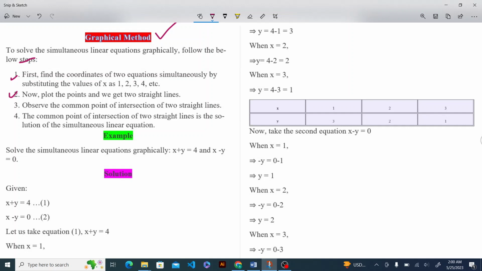As you all know, in a graph we have two coordinates, x coordinate and y coordinate. We have a z coordinate as well, but for now we only need two coordinates, x and y.